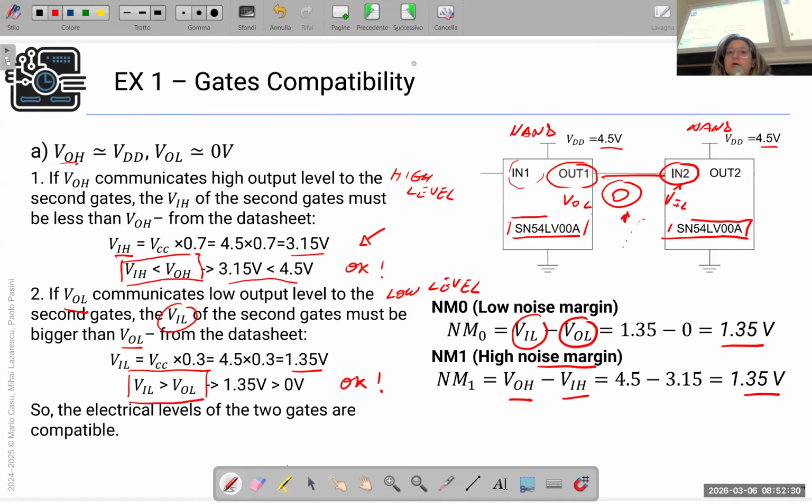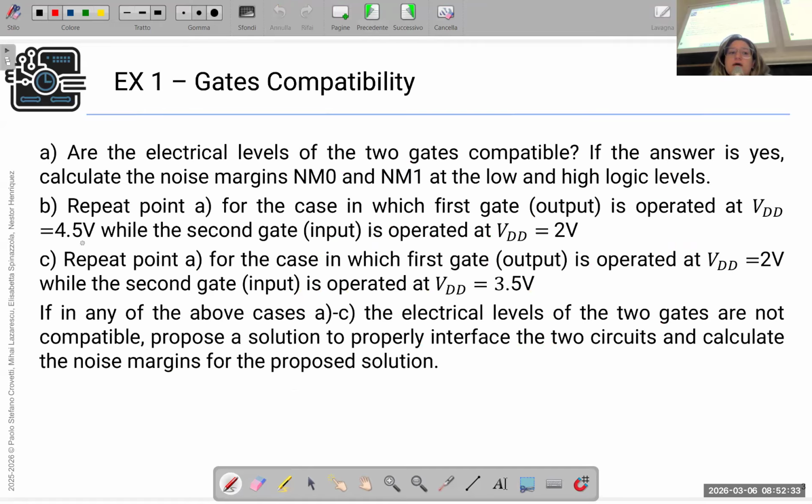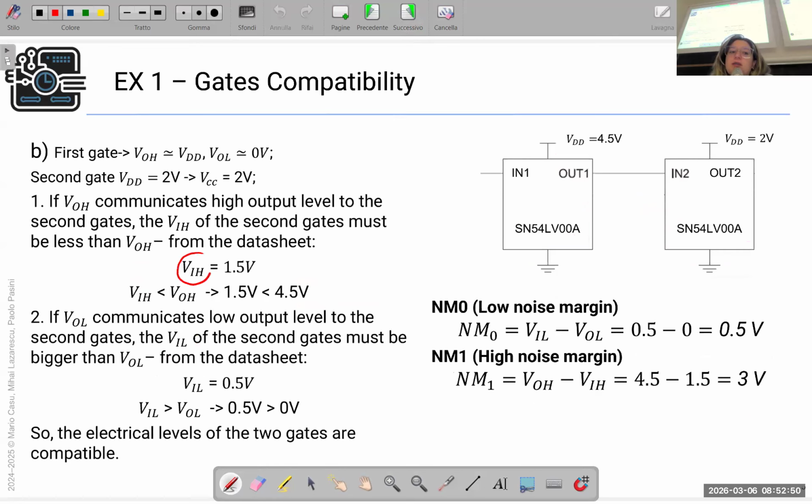Okay, so let's go on. The second task is to repeat point A in the case in which the first gate operates at a VDD of 4.5 and the second gate operates at 2 volts. So what will we change in this case? We will change the values of input high and input low that we have to retrieve from the datasheet, since we have modified the voltage supply applied to the second gate.